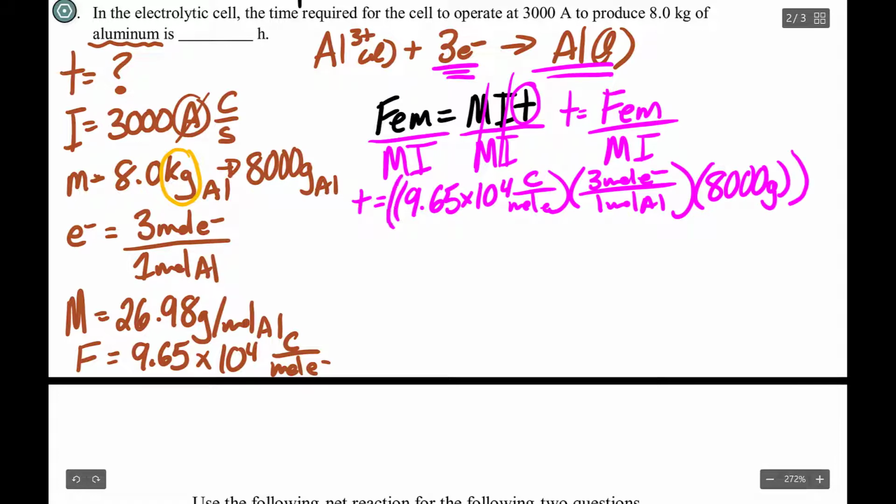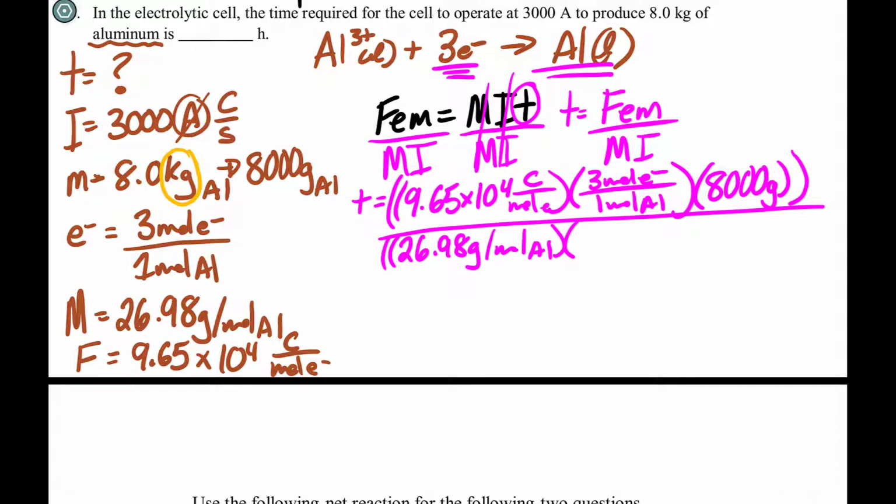I double bracket the top, close it off, go to the bottom. I have the molar mass of aluminum, 26.98 grams per mole of aluminum. And that's going to be multiplied by the current, which is 3,000 coulombs per second.